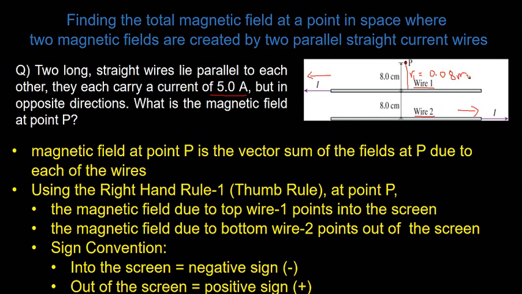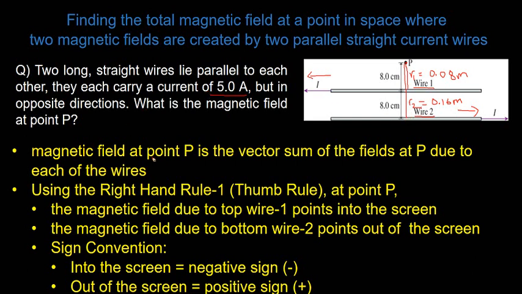This will be useful in calculating the field due to wire 1. And point P is at a distance of R2, which is twice this, so it's 0.16 meters, as you can see from the picture. This R2 is useful in calculating the field because of wire 2.